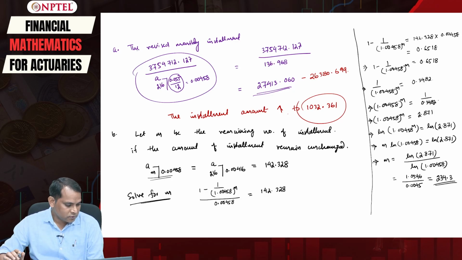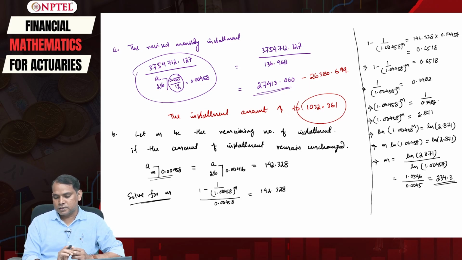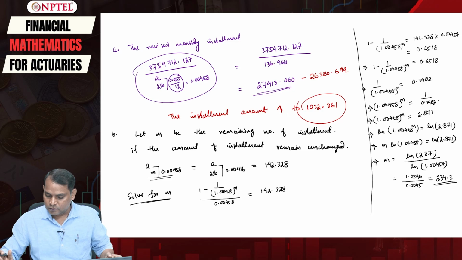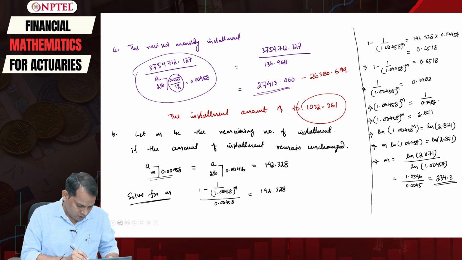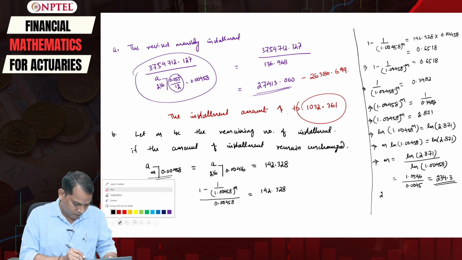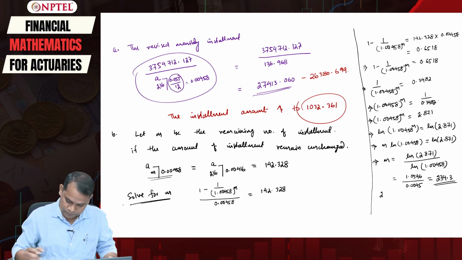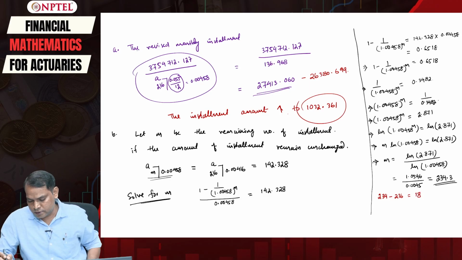So now what is the total time, or total months, that is required to repay the loan completely? We can get it by simply 234 minus 200 and 16, we will get around 18 months.